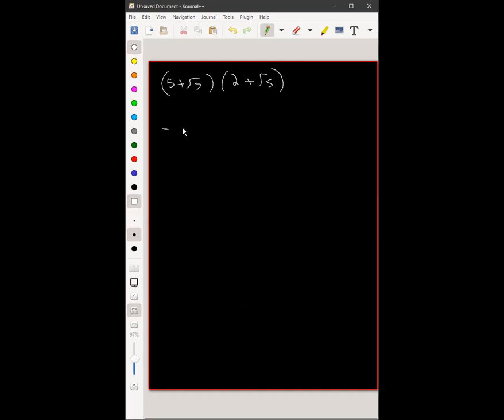So that's 5 plus root 7 into 2 plus root 5. So 10, plus 2 root 7. No, first term into first term, do it this way, easy way. Second term into second term.